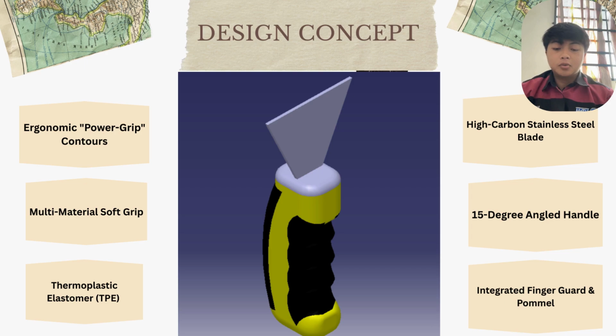So the next one is our design concept. For our design, the first feature is a 15 degree angle handle. In simulation, this angle allows the scraper blade to remain flush against a vertical or horizontal surface while the user's wrist remains in a neutral handshake position.